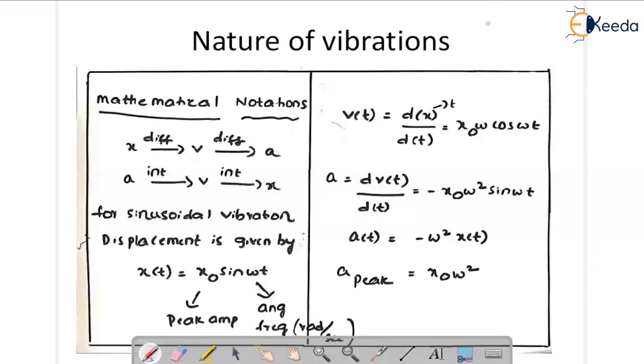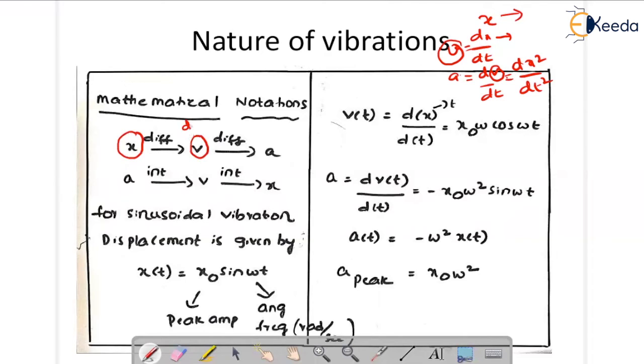That means x is displacement, dx by dt is velocity, and acceleration is the rate of change of velocity, which is also equal to d square x by dt square.